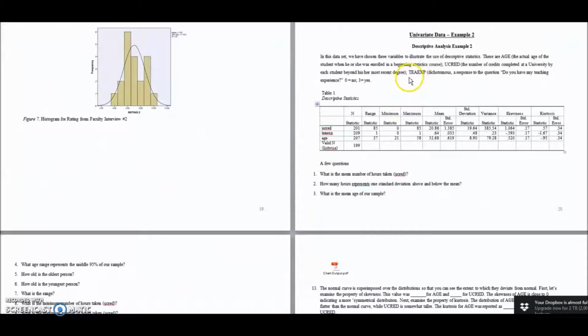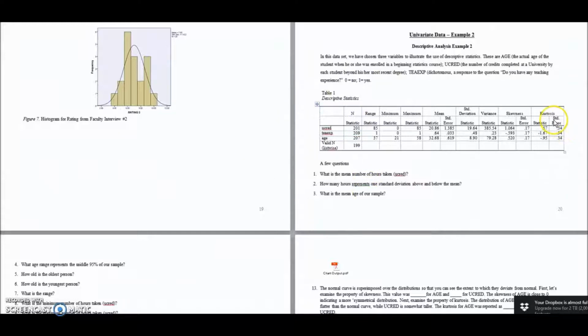And then the last one we have is the TEA experience. Basically the TEA experience is a dichotomous nominal data set. That means, do you have any experience? 0 means no, 1 means yes.